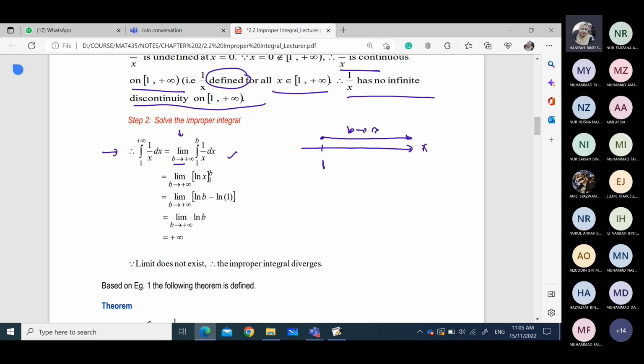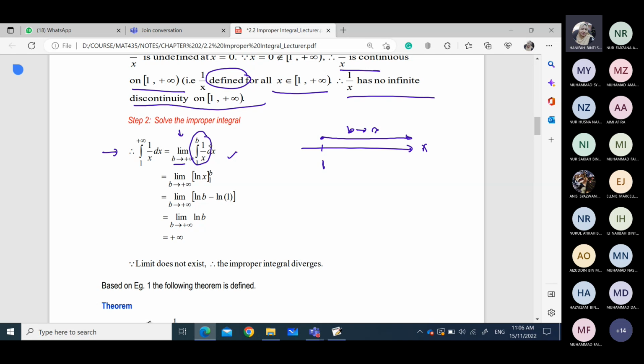Kita just letak unknown tu means that we do not know the value of B. Macam itulah umpamanya begitu. Okay? Alright, so kita gantikan the maximum value of x is B, where B is approaching to infinity. Okay? Alright, so next we solve for this integral.